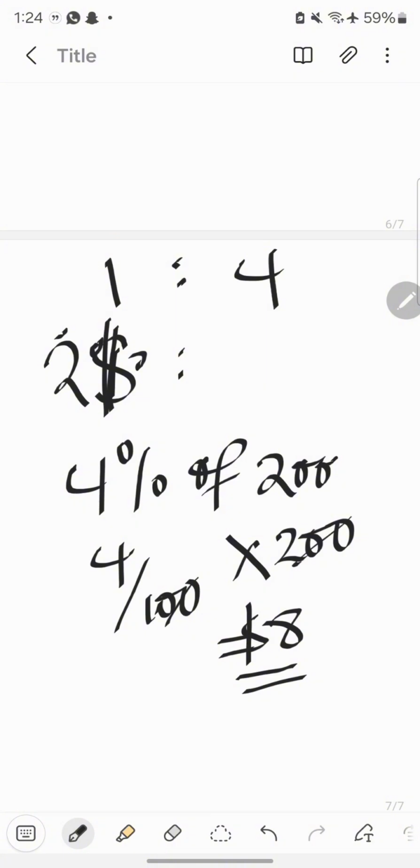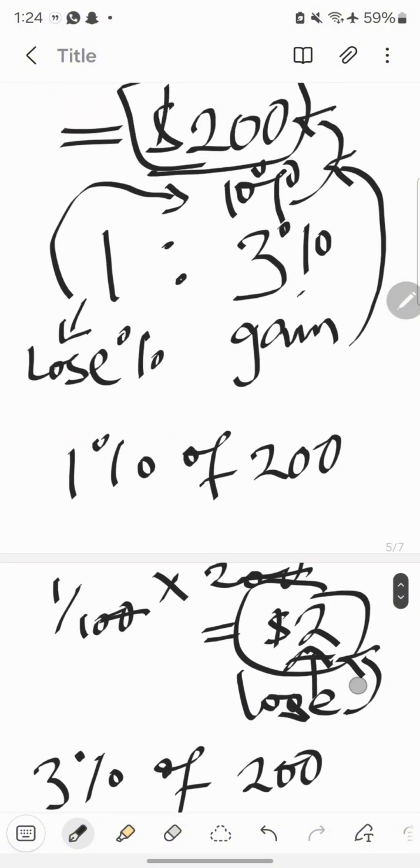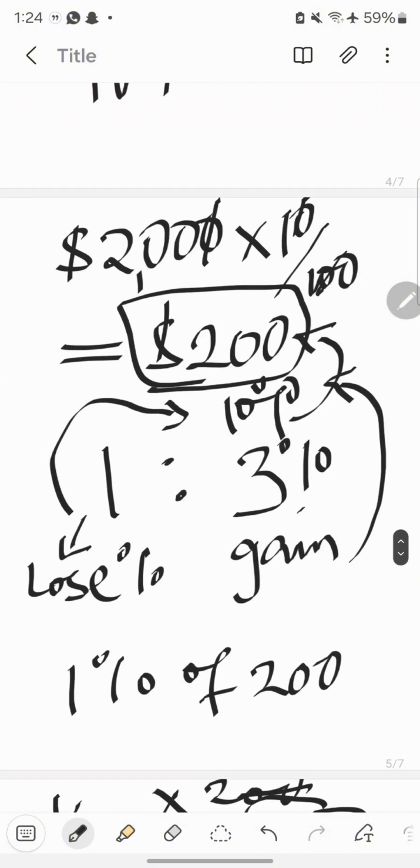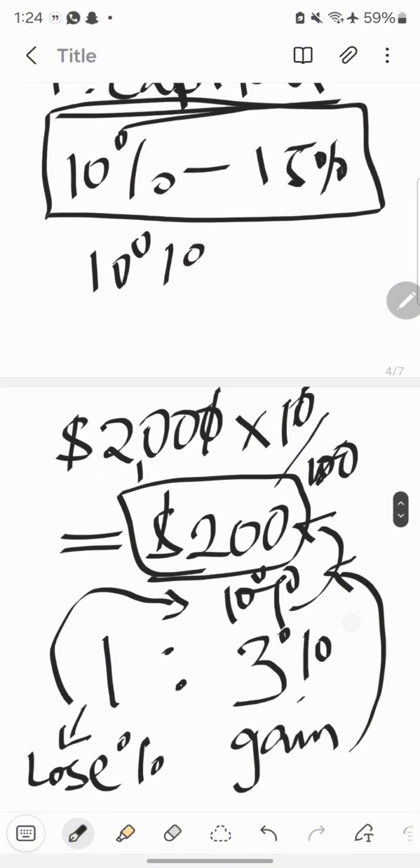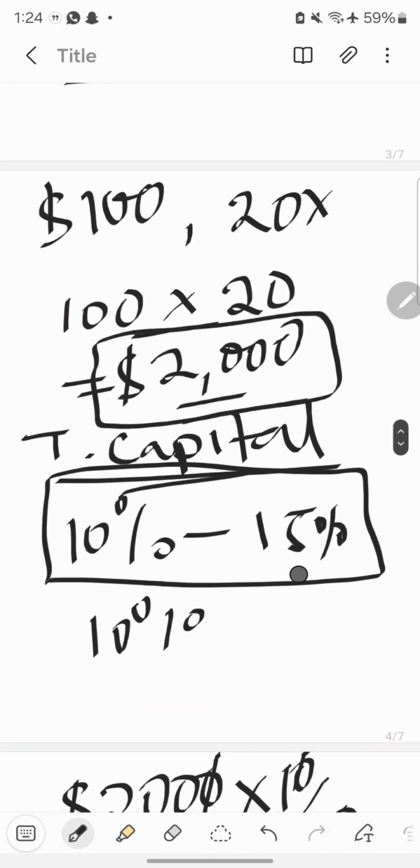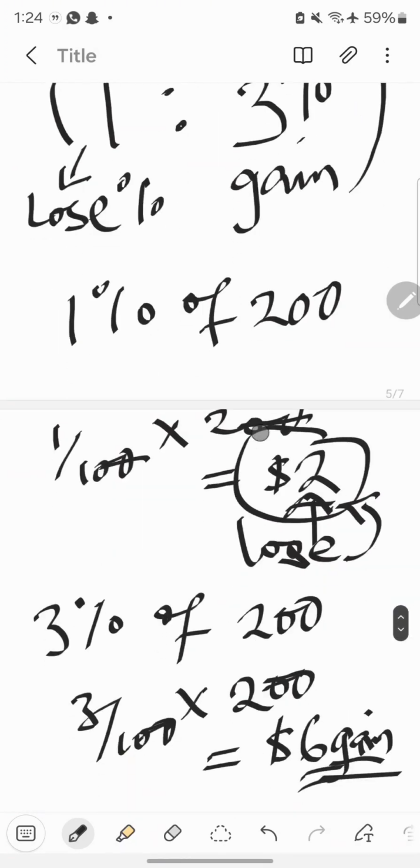So I hope this provides you with valuable information that you are going to use for your trading, and it will help you in using leverage wisely. You understand? Because the higher the leverage, the higher the risks. For this example, we use 10x leverage.